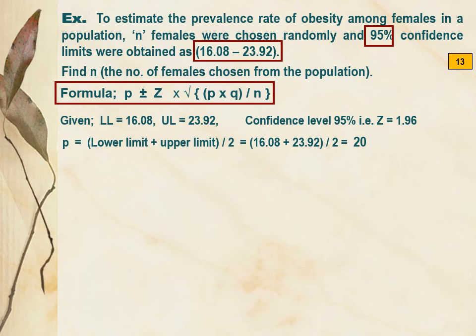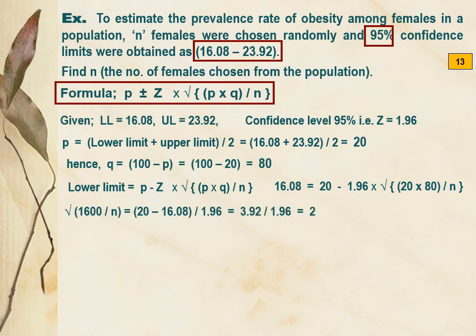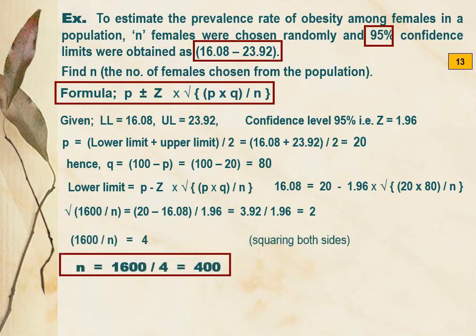Better you take the lower limit, because it's easy to calculate the value. So take your Q is 80, and substitute the values in the formula, and this you can do yourself. Only n is not known, only one unknown is n. You can solve the equation, and you will get the value of n as 400.